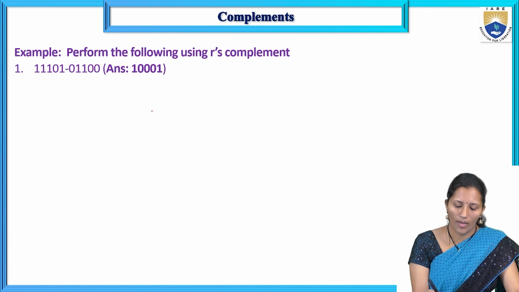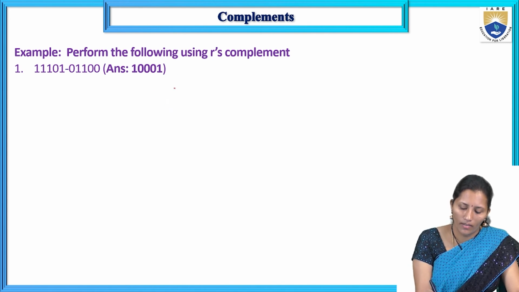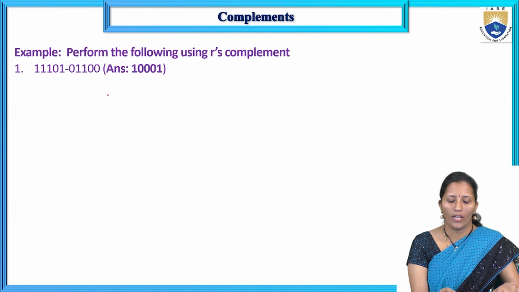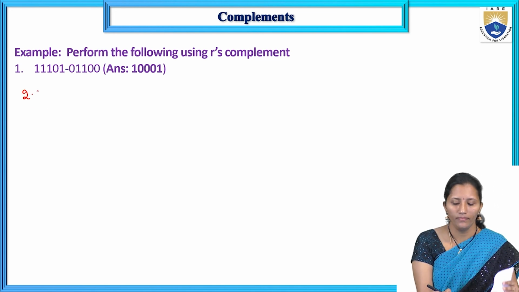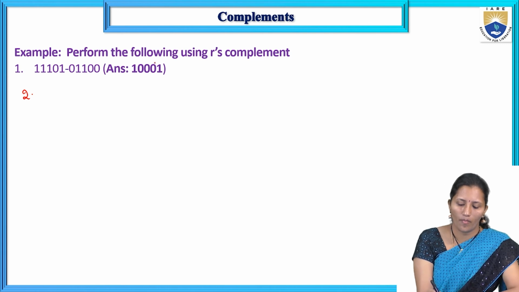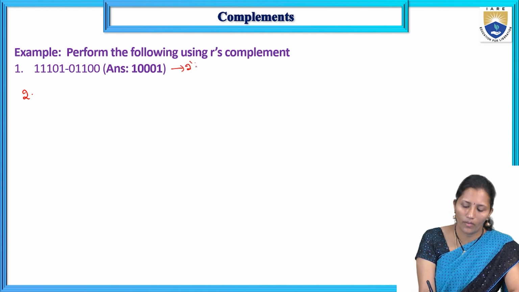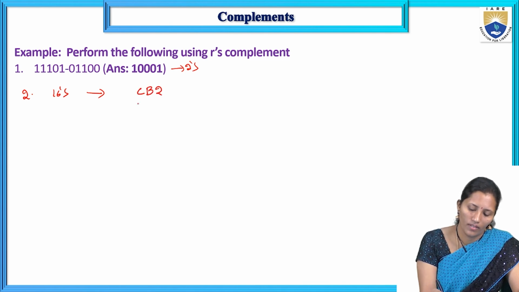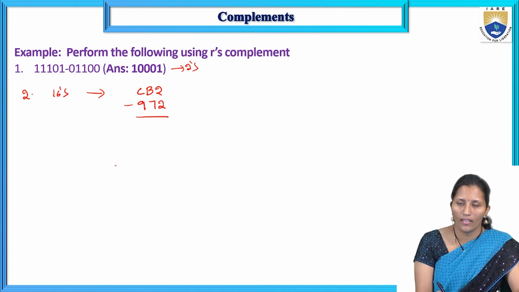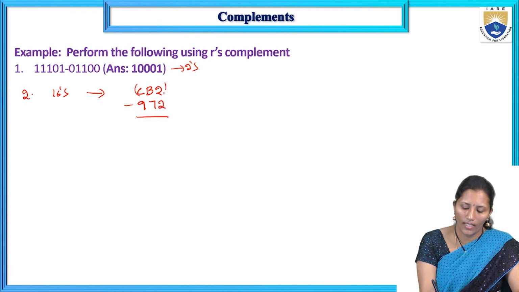Already we discussed a binary example, 1101. R's complement for binary is the 2's complement, which we already discussed. Now we take another example: 16's complement subtraction of CB2 minus 972.